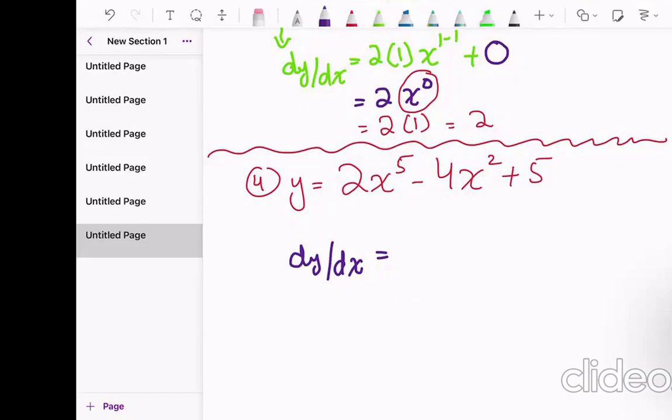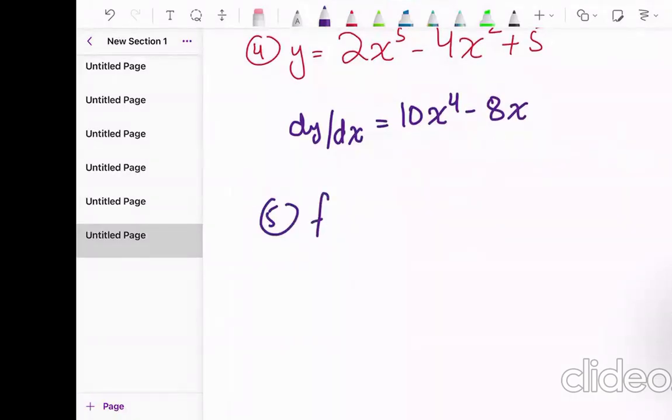So I'm asking what you got. 10x to the power 4 minus 8x. Okay, other students, is this what you got? Yes. That's great, because the derivative of 5 will be 0. Mustafa, same answer? All right, great.